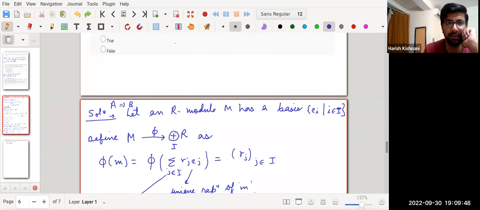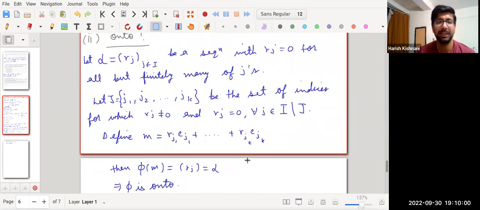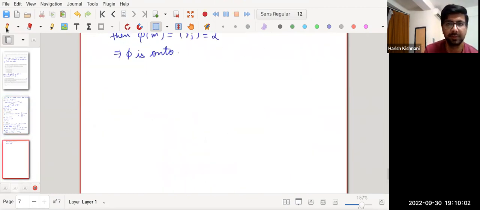Now, for the other part, this is the proof for A implies B. Now for B implies A. B implies A is going to be easy. Let's see how.